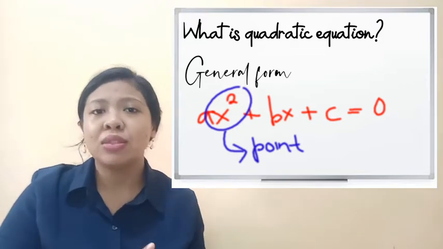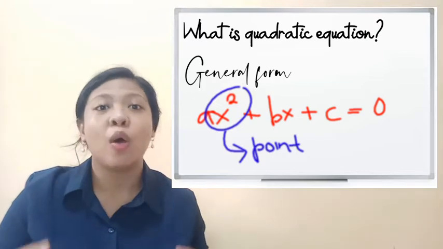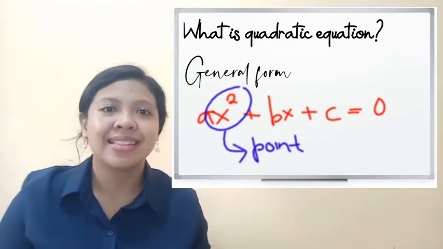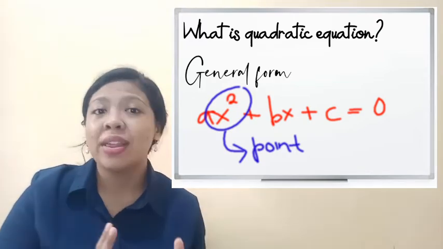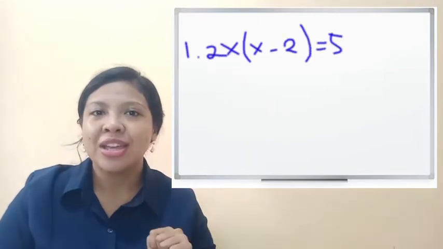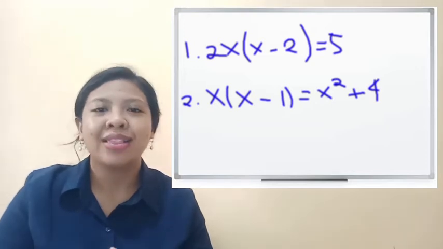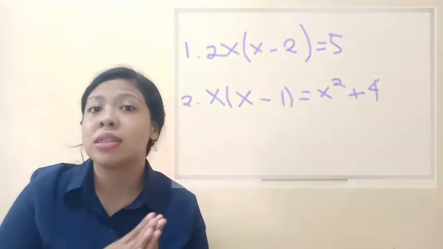So, based on that definition, I think you already understand and can decide which one is a quadratic equation. I'll give you 2 equations and I give you 10 seconds to decide which one is a quadratic equation and which one is not.